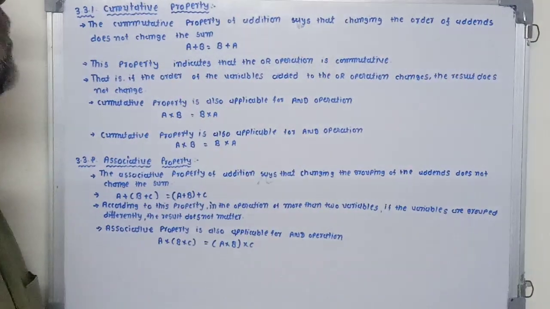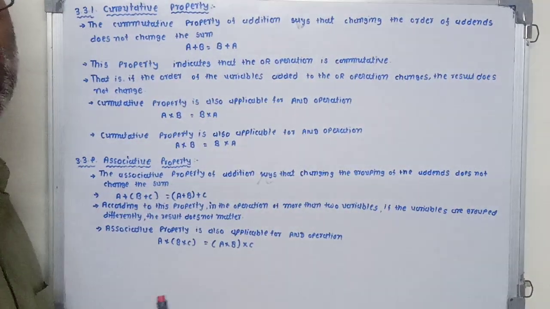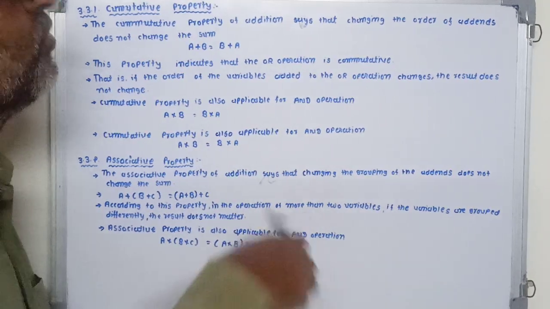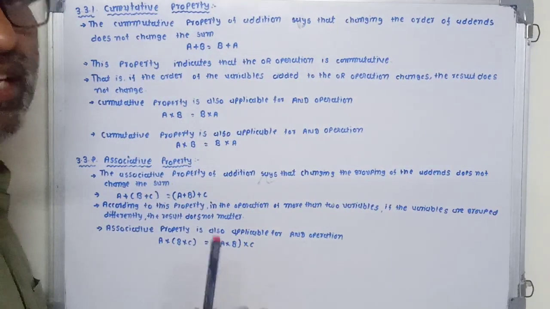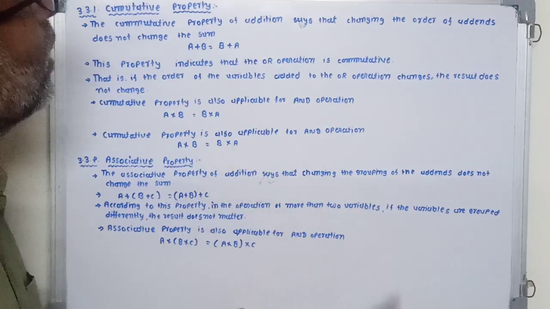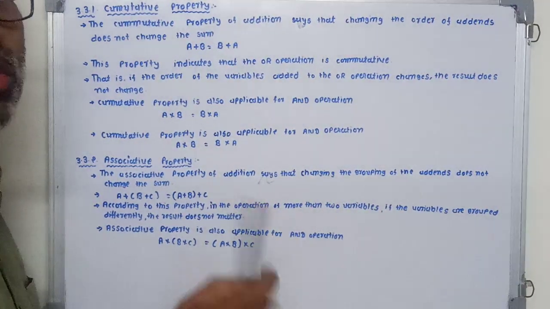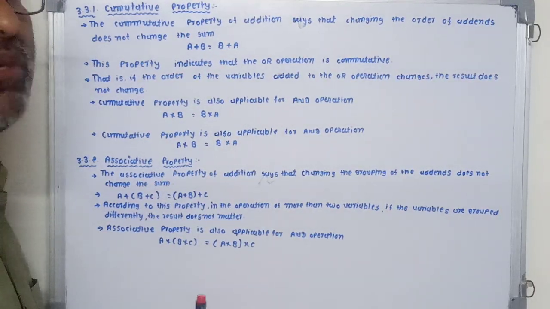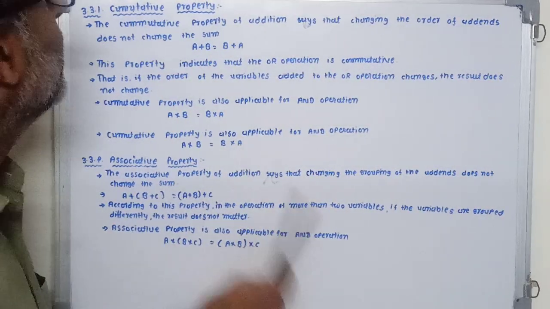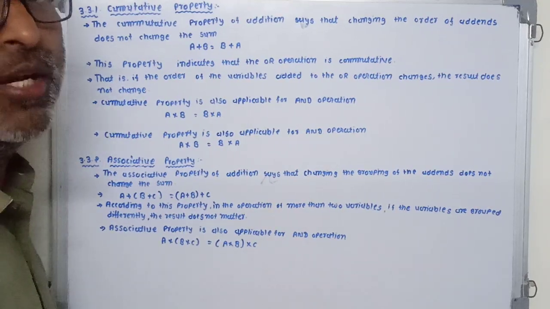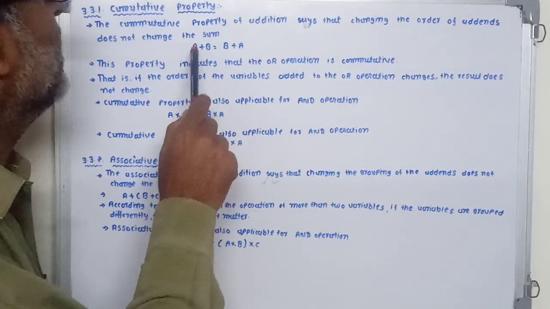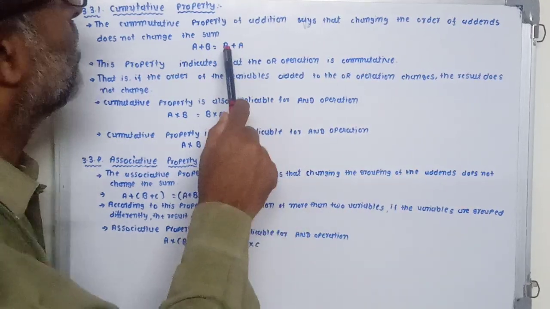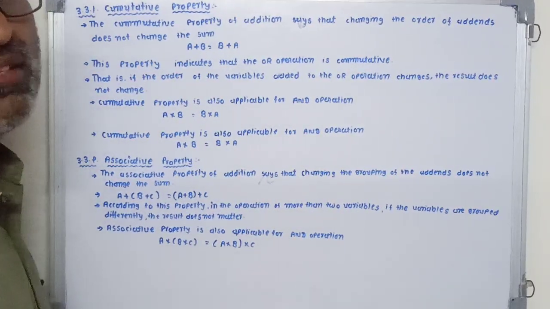Commutative property. The commutative property of addition indicates that changing the order of the addends does not change the sum. If we change the order of these two variables, we will get the same output. Here we are taking two input variables A and B. We can add them, A plus B. Now we change the order, B plus A, and we get the same result.